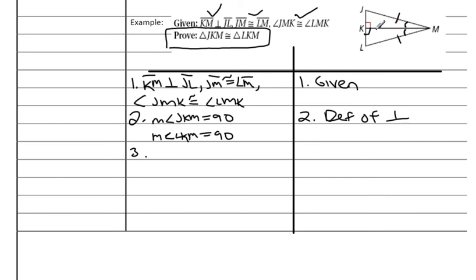But I can't just say count this as an angle yet. I have to establish that angle JKM is congruent to angle LKM, which clearly they are because they both equal 90 degrees, but I haven't gotten them to say that they are congruent. And the reason I can say they are congruent is because all right angles are congruent.